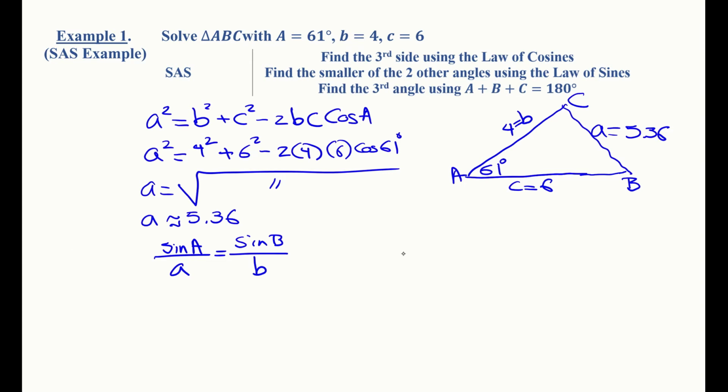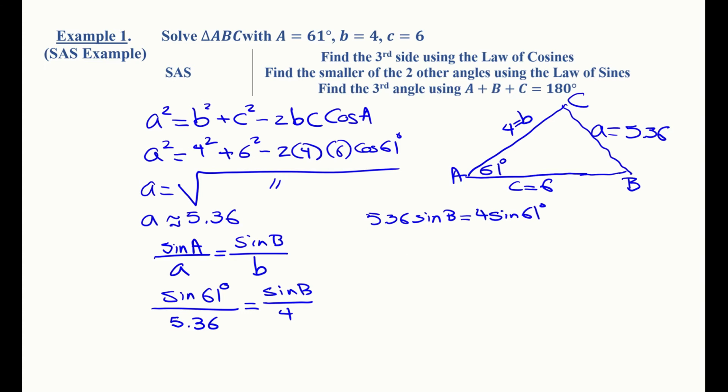So sine A, that'll be sine 61 degrees over A, which is 5.36, equals sine of B over B, which is 4. So by cross multiplying, we end up with 5.36 sine B equals 4 sine 61 degrees.